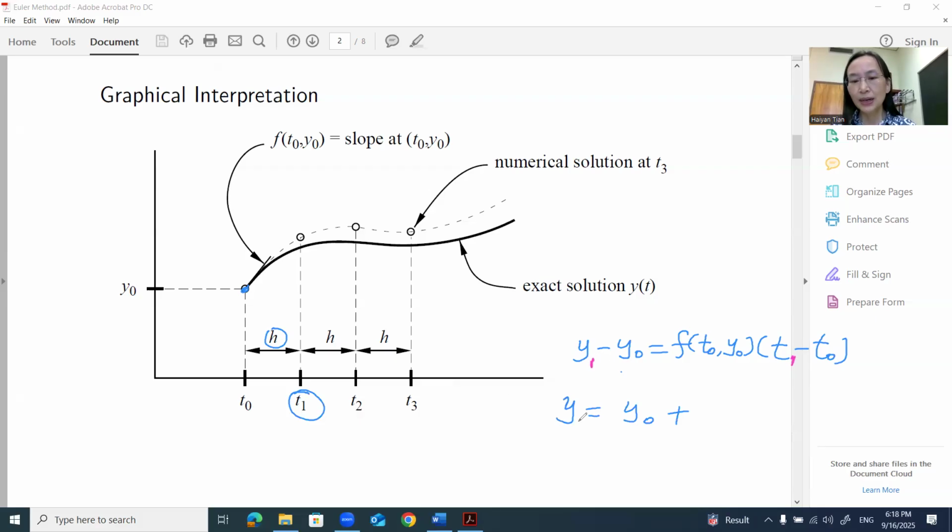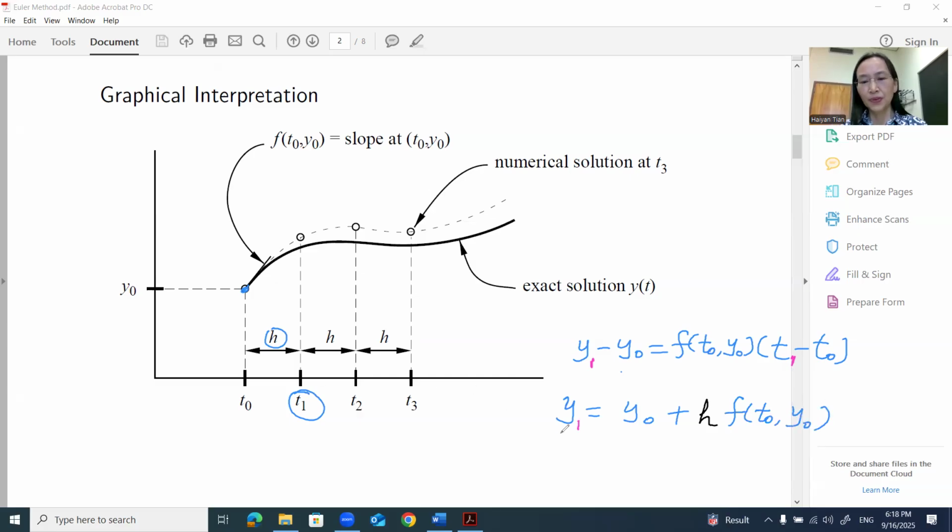So I get y1 with t1 minus t0. Remember, t1 minus t0 is h, the distance between t0 and t1. So we put h, and h times the slope of the straight line, f(t0, y0).